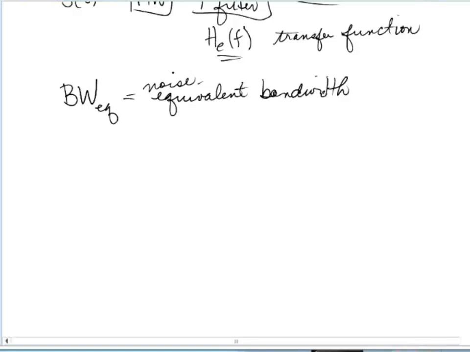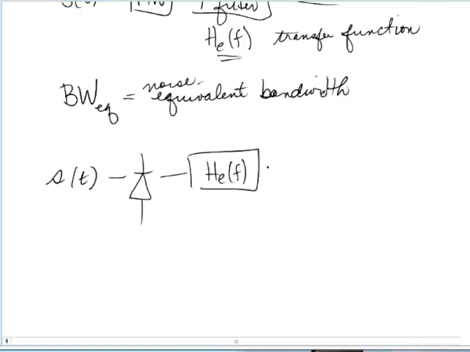to one characteristic. In the typical system, our signal comes in, it's a PIN photodiode. It gets filtered by an electrical filter. We have the received signal, which is continuous, and then we're going to sample it, in order to get a decision statistic, which will be based on signal plus some noise.